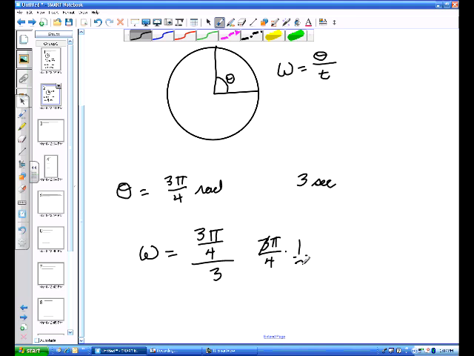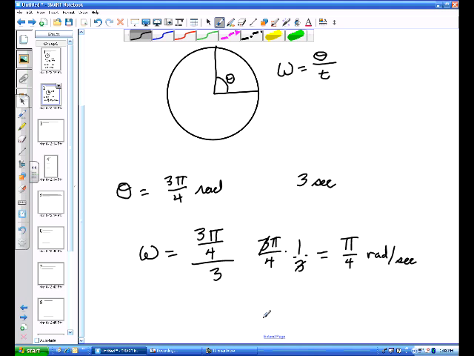It's the reciprocal of the divisor, so 1/3. Our 3's cancel, and we end up with pi over 4, and this would be radians per second, is how fast your central angle is changing.